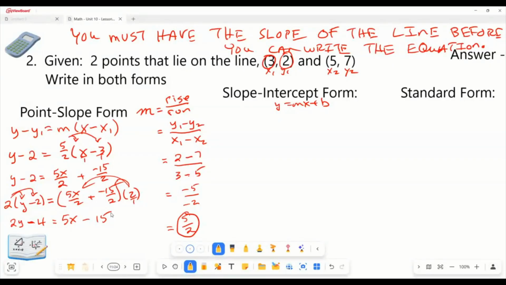When we get to where we don't have any parentheses or any fractions and we have an equation that looks like this, we're now ready to convert to slope-intercept and convert to standard form. So I'm going to take this and move it over here. This has to be turned into this.